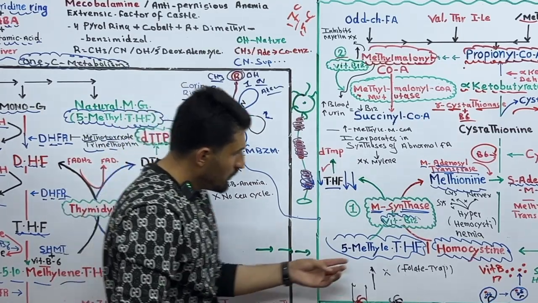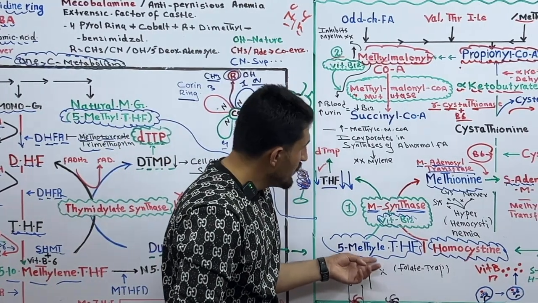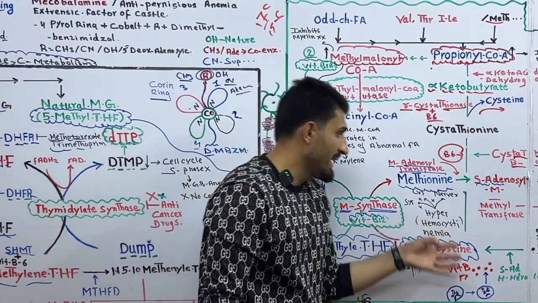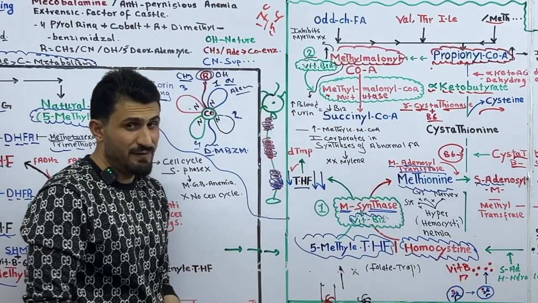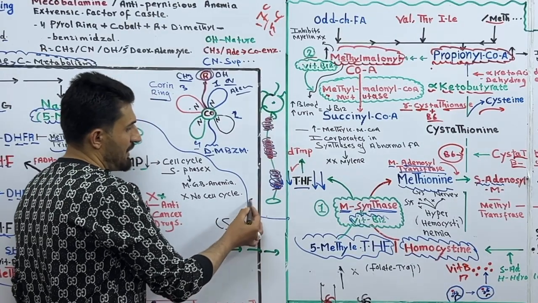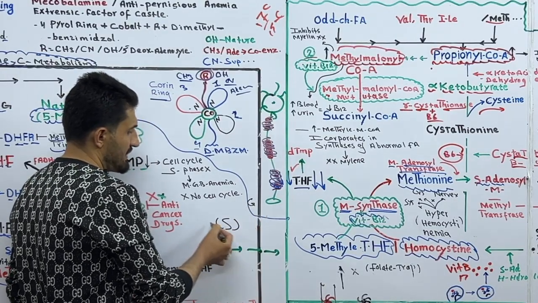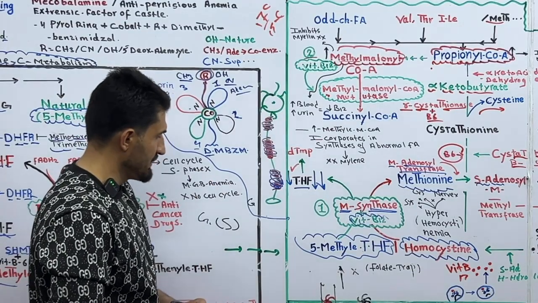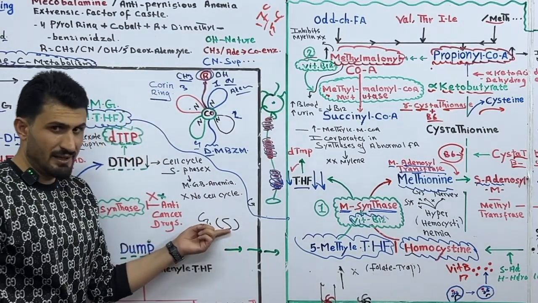But when we don't have enough folate or enough vitamin B12, the cell cycle stops, specifically in S phase. We have, for example, G0, S, G2 phase, and then M phase.